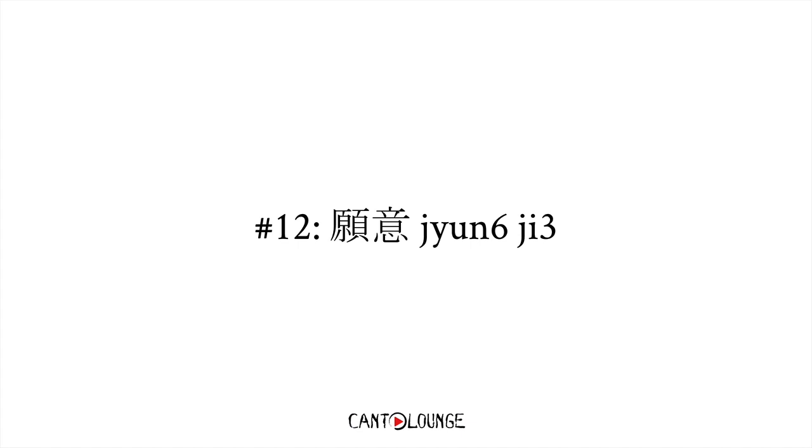And number 12, 願意. 願意 also means to be willing to, but there's a subtle difference between 肯 and 願意. 願意 is like you're willing to do something wholeheartedly, it comes from a very positive standpoint. But 肯 may or may not imply that you are willing to do something maybe because you're forced, or you're willing to do it somewhat reluctantly, right?